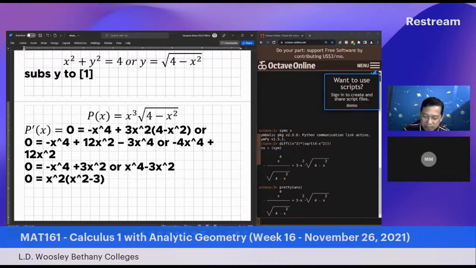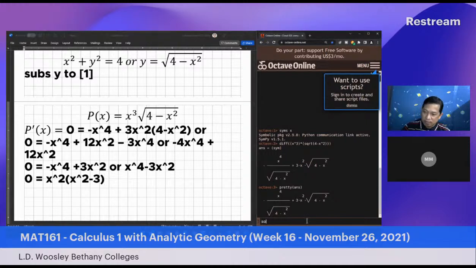So, ang probable na critical pala nito, ano? So, ang critical values niya, yeah. So, kung si zero natin, can we solve for, teka lang. So, baka naman nagkamali ako dito. So, x to the fourth minus 3x squared times 4 minus x squared. Kasi nga, dinump na natin yung factor, no?